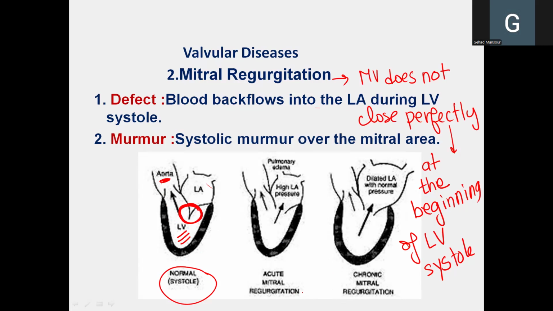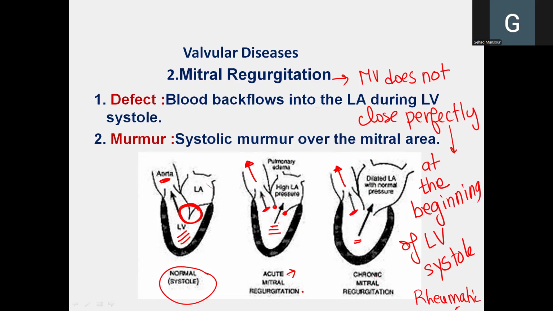But what happens in mitral regurgitation, whether it is an acute mitral regurgitation due to, for example, a sudden severe inflammation that perforated the valve, or in chronic mitral regurgitation due to an autoimmune disease like rheumatic fever, in both cases, when the left ventricle starts contracting and sending oxygenated blood into the aorta, meanwhile, the mitral valve is not perfectly closed and there is backflow of blood into the left atrium.